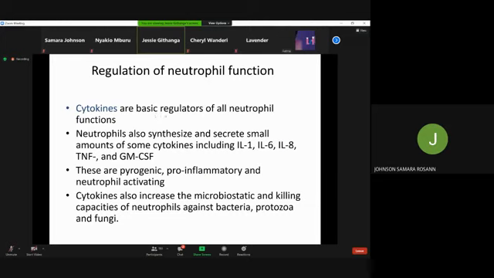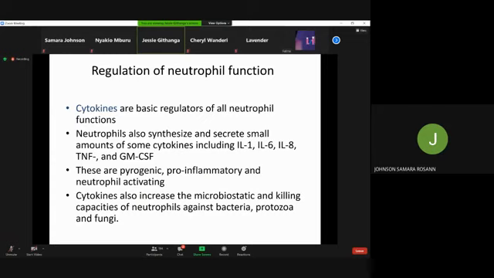Cytokines are the basic regulators of all neutrophil functions. And the neutrophils, besides responding to cytokines that may be released by the macrophages, if you remember, we said macrophages will be found at the site of inflammation and infections, and they will release cytokines, which will draw other macrophages and neutrophils towards that site of infection.